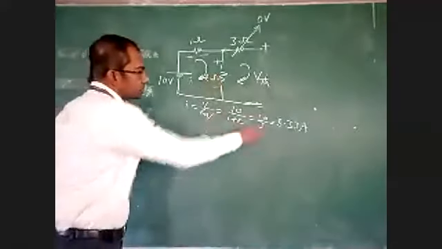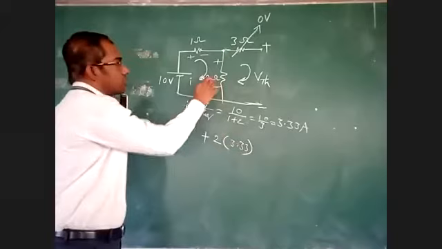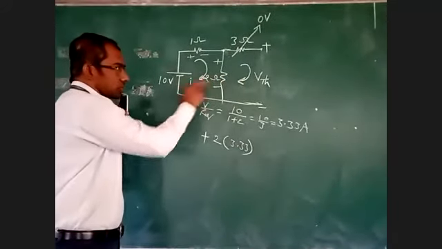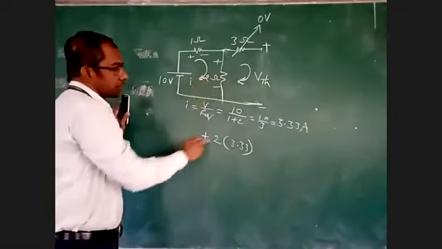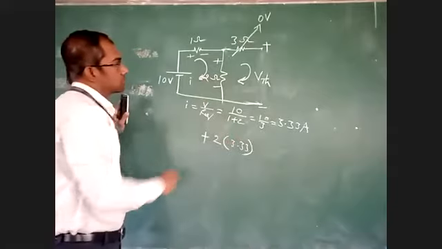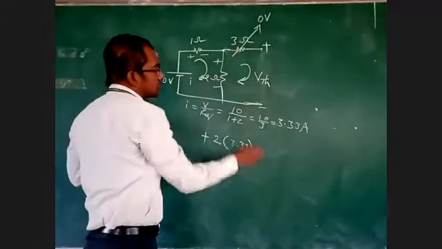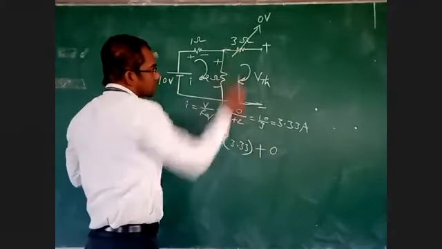Here, 2 into what is the current in 2 ohms? I is flowing. This is 0, but this I is flowing in 2 ohms because this is common to both the loops. In 2 ohms, I is flowing, so 2 into 3.33. And let us take this as 0, so your voltage is 0.